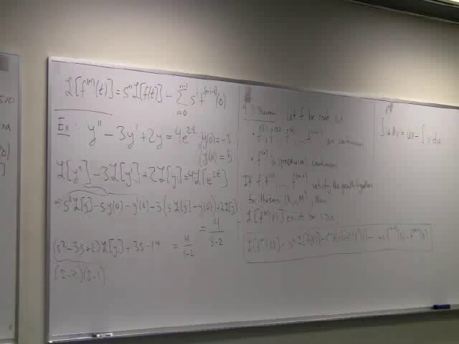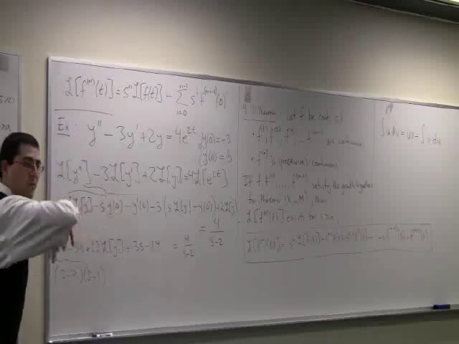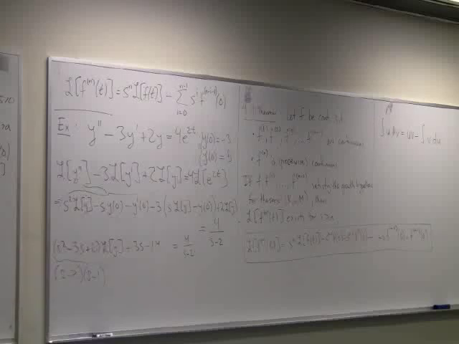I'll leave it like this for a little bit: s minus 2, s minus 1, L of y equals 4. Okay, so I subtract it and multiply it by s minus 2. So minus s minus 2 times 3s minus 14, over s minus 2.